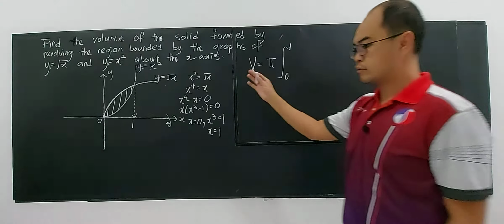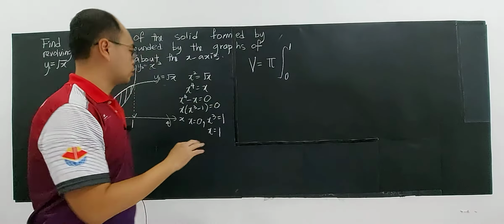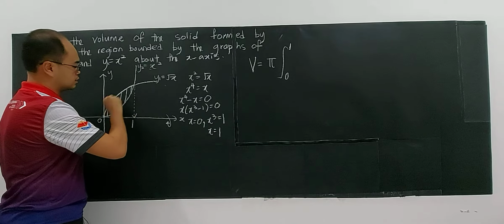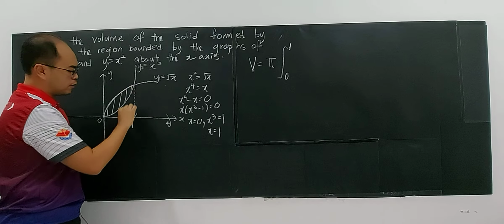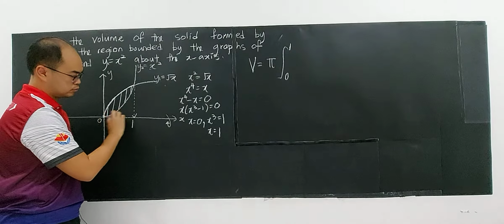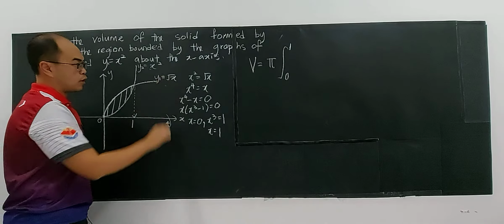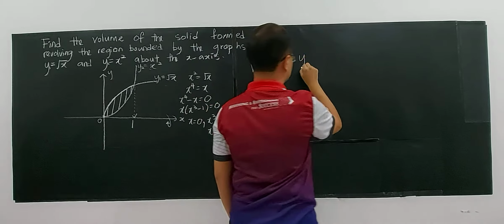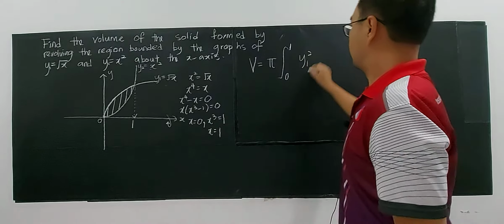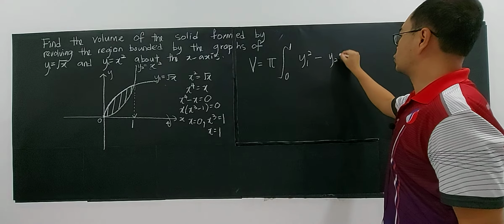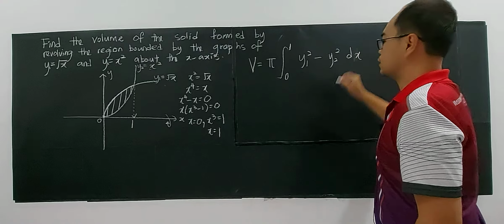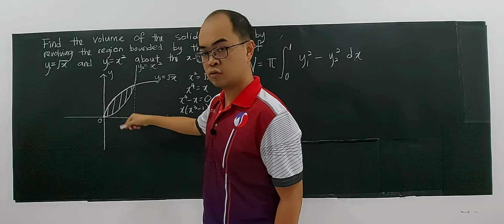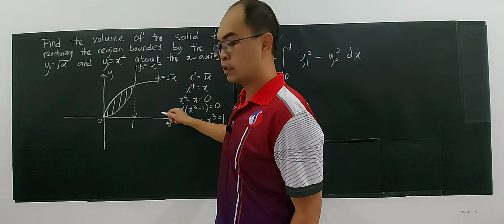And for the outer radius, we talk about the outer radius, okay? This curve is far away from the axis of rotation, right? So we take square root of x, we take y1 squared minus y2 squared dx, all right? For this case it will be dx, because we rotate about the x-axis.